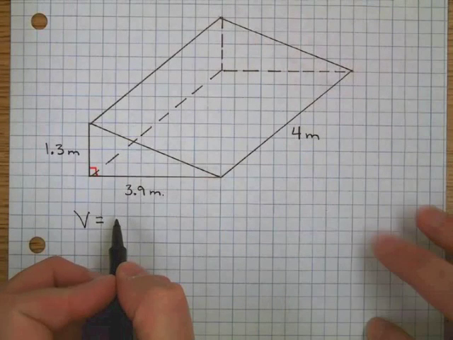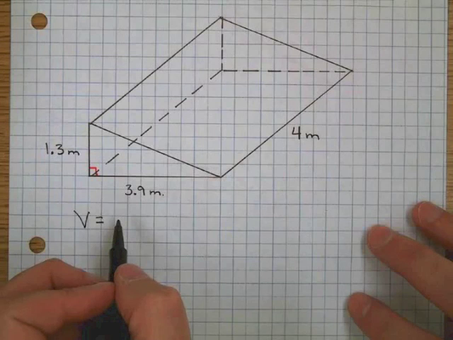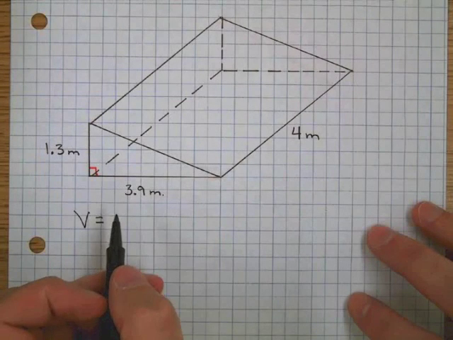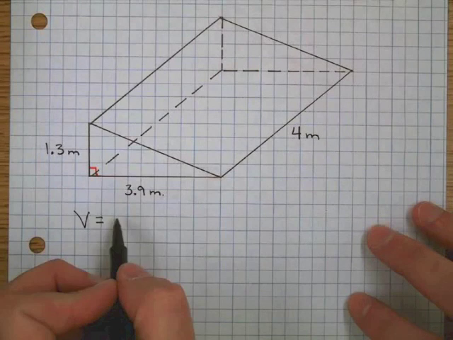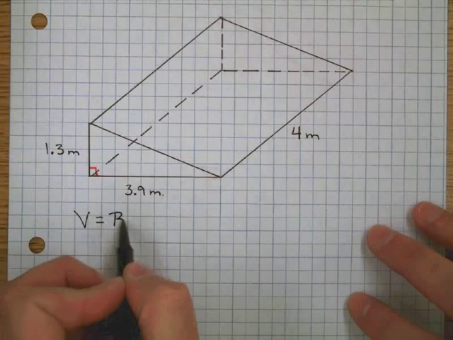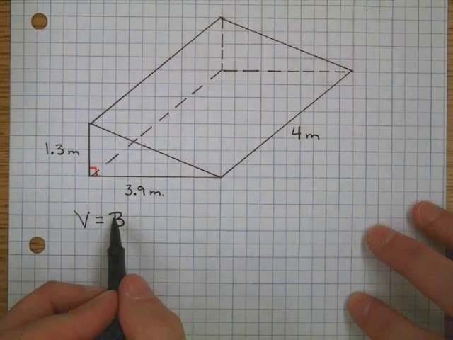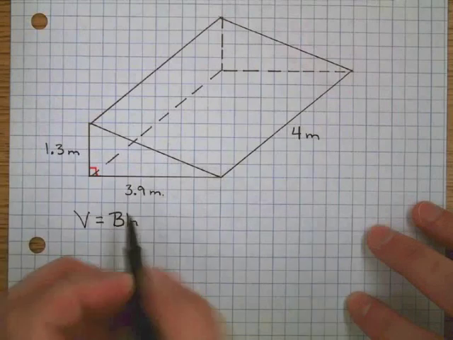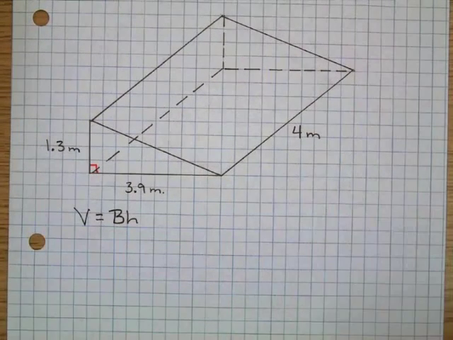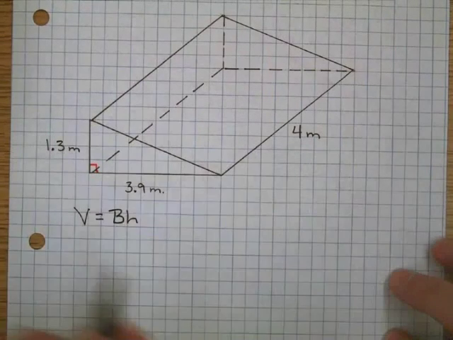And I know that we're using a lot of the same terminology that we did when we were looking at area, and that can be a little confusing. But if we refer to the base of a triangular prism as large B, and then we have our height, we could think of volume as the base of that prism times the height of that prism.